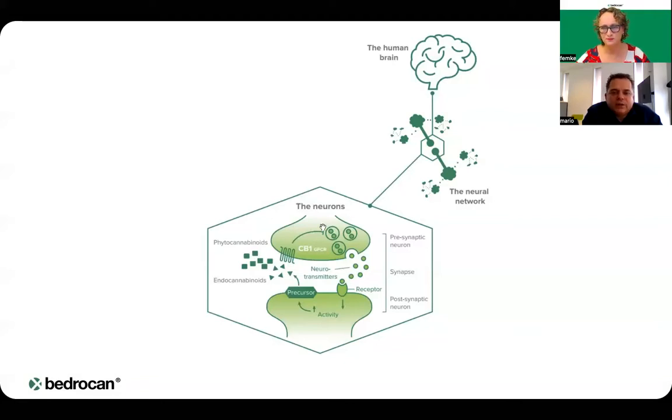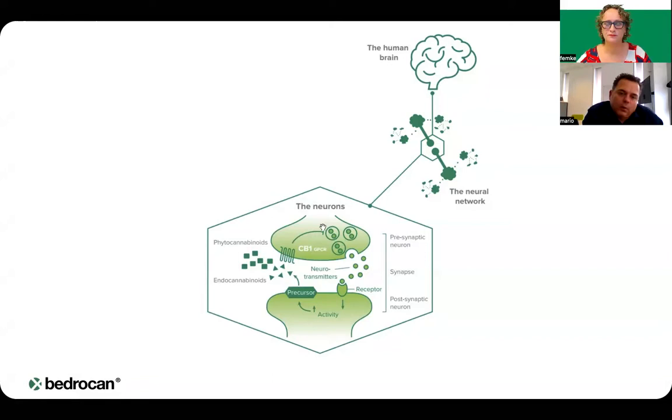So the brain consists of many different types of cells, and one of the most important cell types in the brain is the neuron, or the nerve cell. These cells are excitable. You can really easily excite them. Then a small current is going through these cells, and when those nerve cells communicate with each other, they release a so-called neurotransmitter.